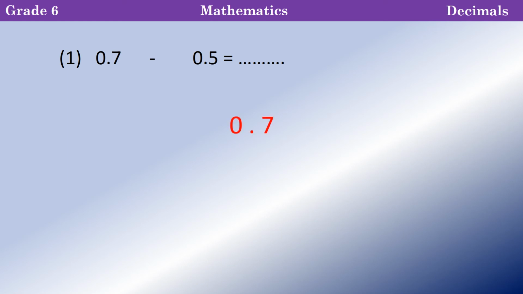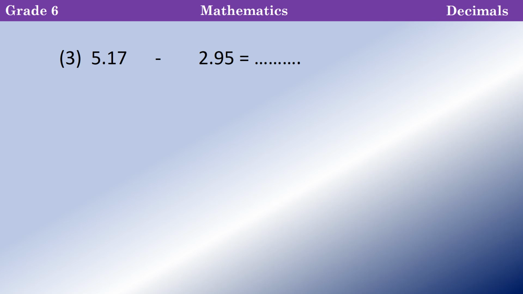We write the numbers in this way. 0.7, minus sign, 0.5, and then we subtract the digits at the first decimal place first. 7 minus 5 is 2 and 0 minus 0 is 0 and the decimal point is kept at the same place. So the answer is 0.2.